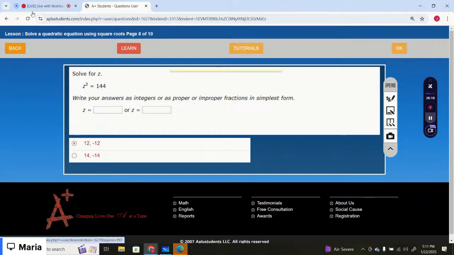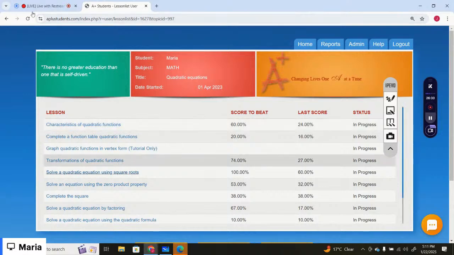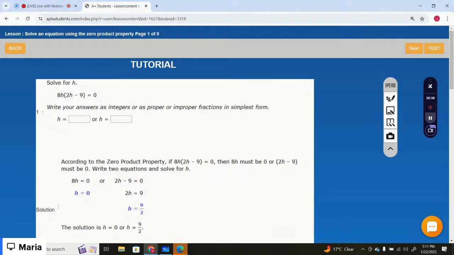Okay, you can complete the lesson by yourself later today. Let's just move on to next lesson. The next lesson is solve an equation using the zero product property.